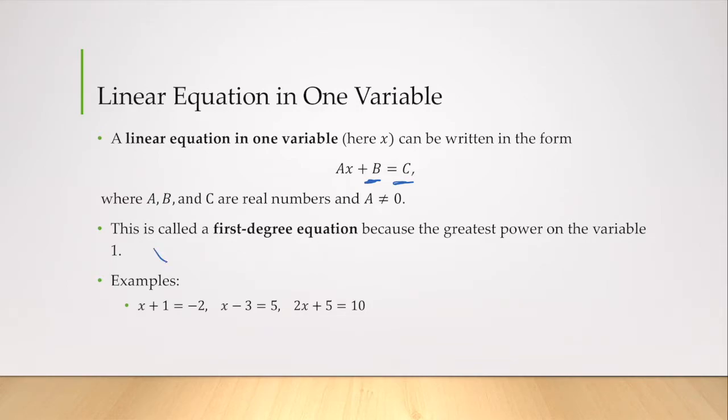Remember, x to the first is just x, right? Anything to the first power is just itself. So I could have x plus 1 is -2, x minus 3 is -5, 2x plus 5 is 10, right? And we have our coefficients of 1, 1, and 2.